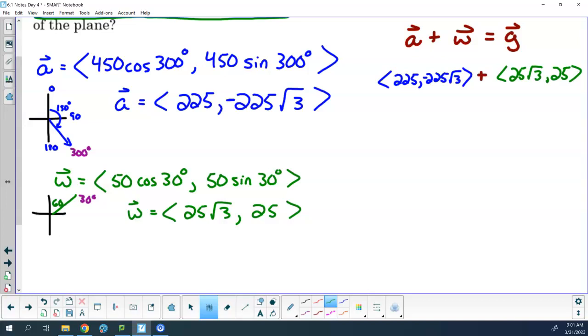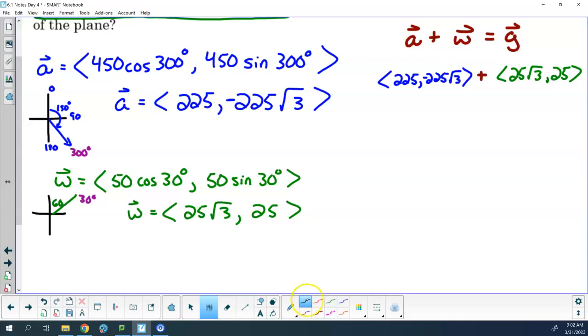How do I add vectors in component form? Go back to last week. You just turned in a worksheet where you added a bunch of vectors in component form. Add the horizontal parts together and add the vertical parts together.